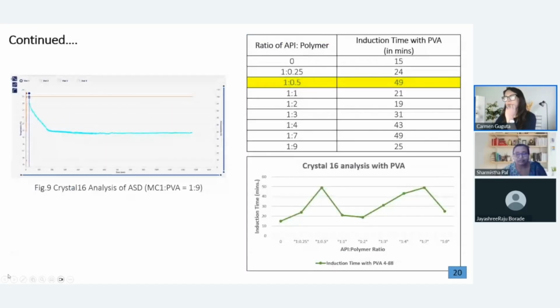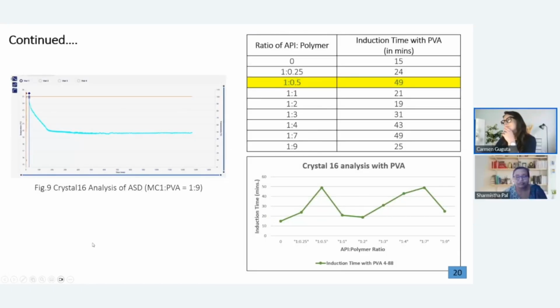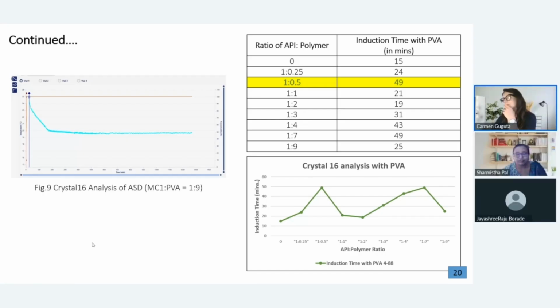With PVA, we observe a different behavior compared to the other two polymers. Just focus on the graph.